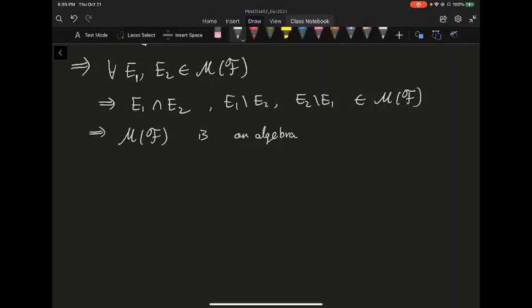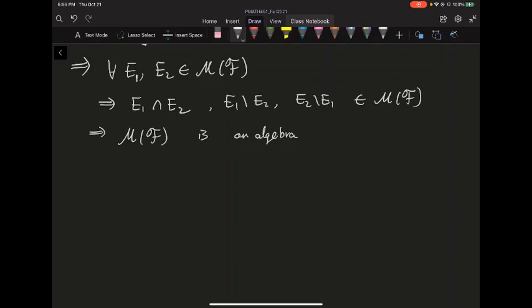It's closed under taking complement and under taking finite intersection. Using that the complement of an intersection is the union of the complements, you know that M of F is closed under finite union, so it's an algebra.